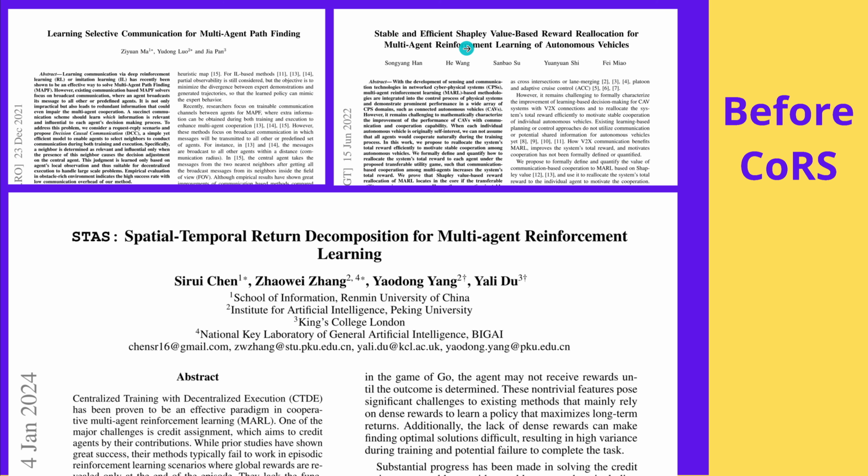Then Stable and Efficient Shapley Value-Based Reward Reallocation for Multi-Agent Reinforcement Learning of Autonomous Vehicles. And maybe we are not only in a 2-dimensional space, but maybe already in a 3-dimensional space. This is from 2022, and then from January 2024, you see here Spatial-Temporal Return Decomposition for Multi-Agent Reinforcement Learning.